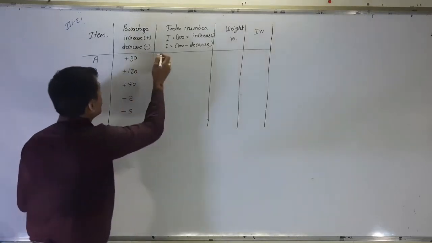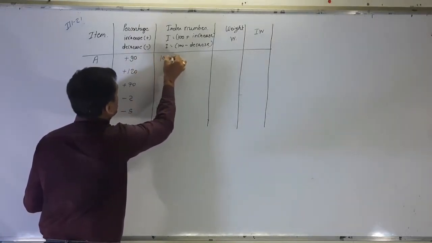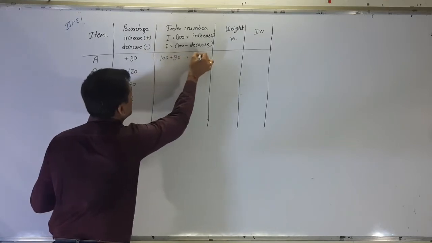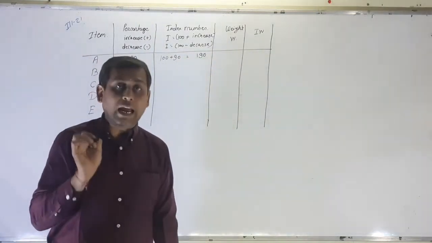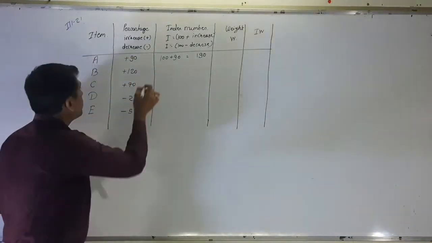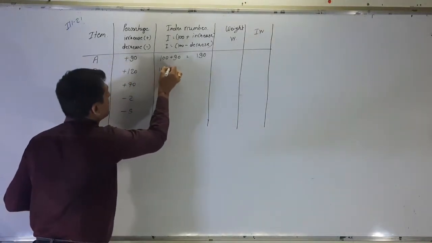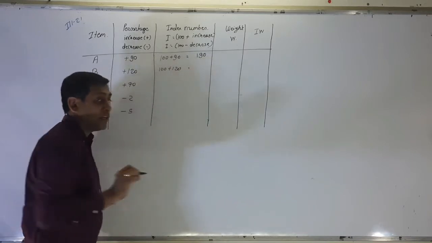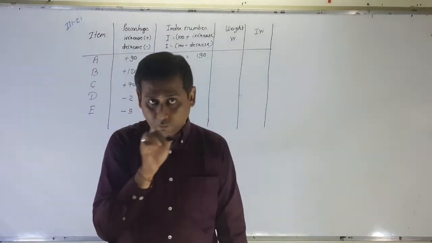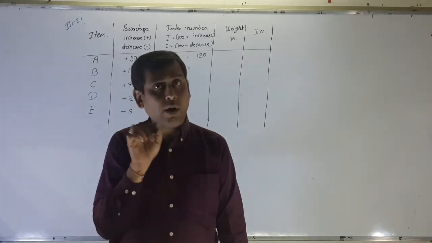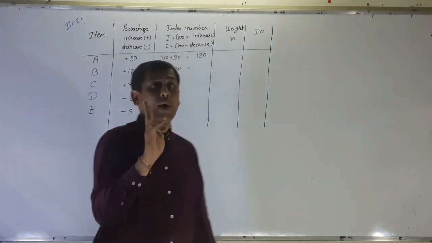Now we have to show that 100 plus 90, that is 190, is the index number for 2015 for item A. Now 100 plus 120. Increase 120% means add, 100 plus 120, that is 220.